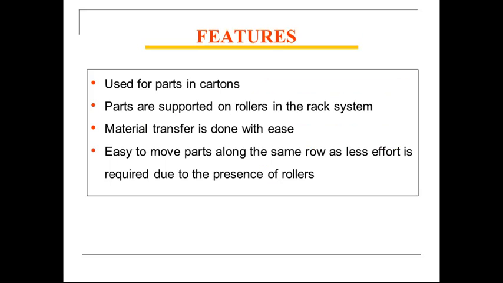It is used for parts in cartons, and parts are supported on rollers in the rack system. Material transfer is done by easily moving parts along the same row, and less effort is required due to the presence of the rollers.